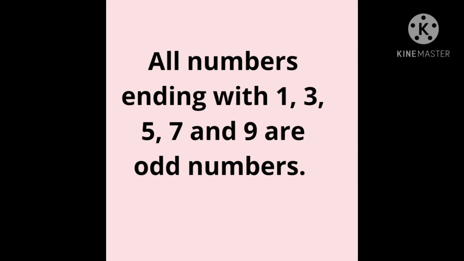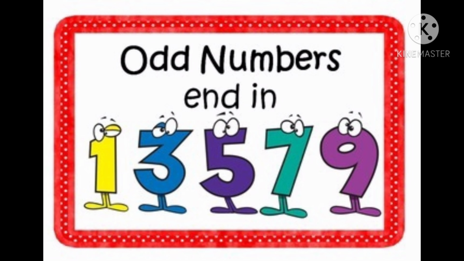All the numbers ending with 1, 3, 5, 7 and 9 are odd numbers. We can identify the odd numbers with this.